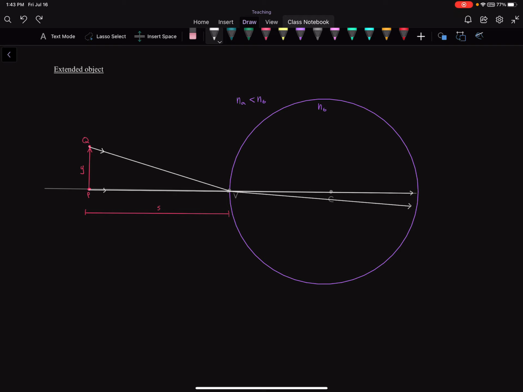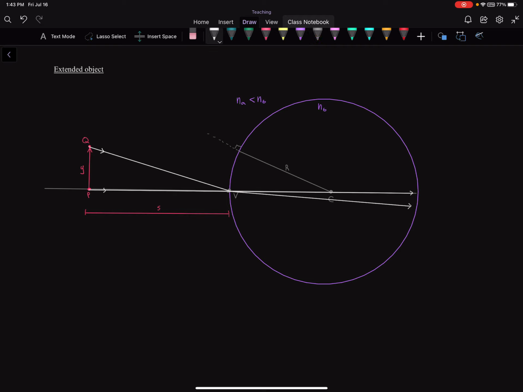All right, and so then our radius of curvature would be, I don't know, somewhere about there. And that means that this would be the normal.